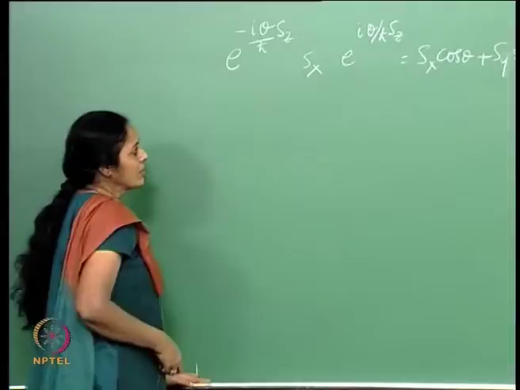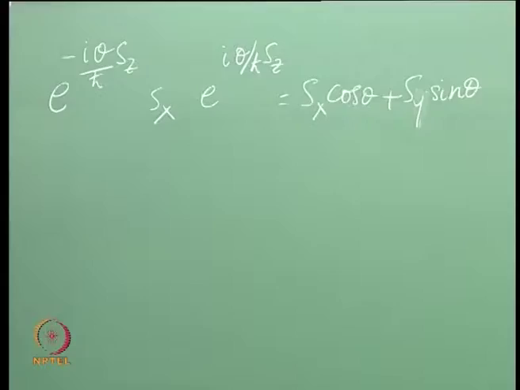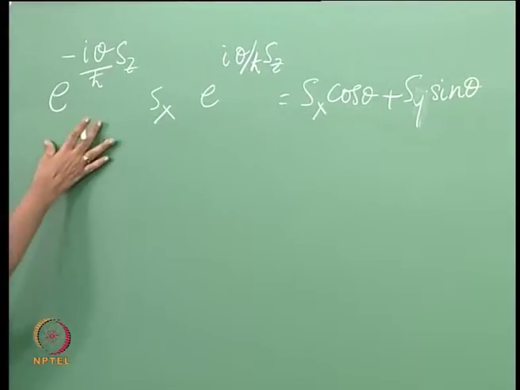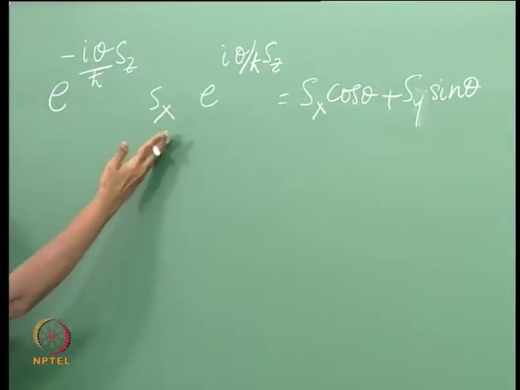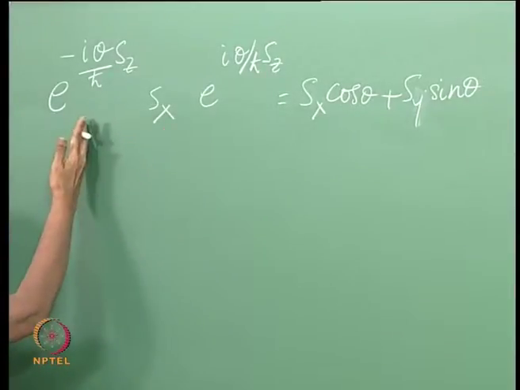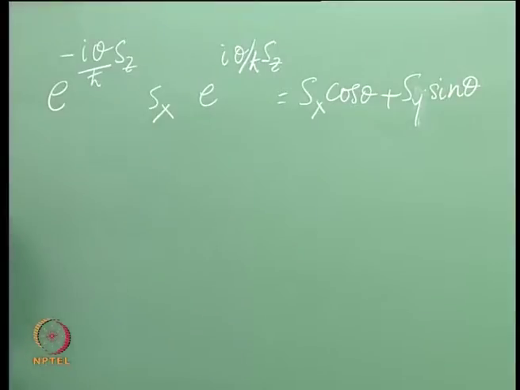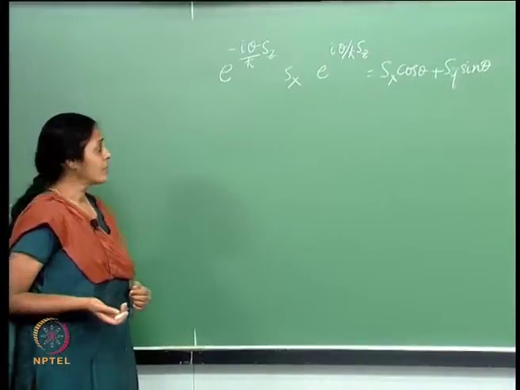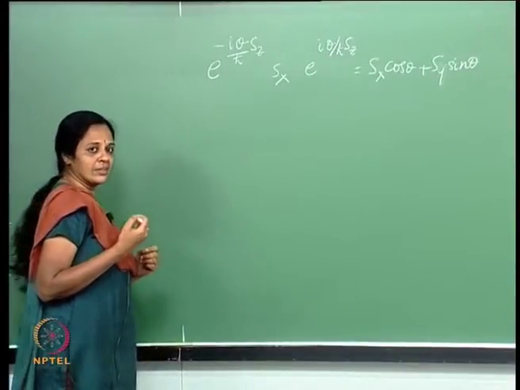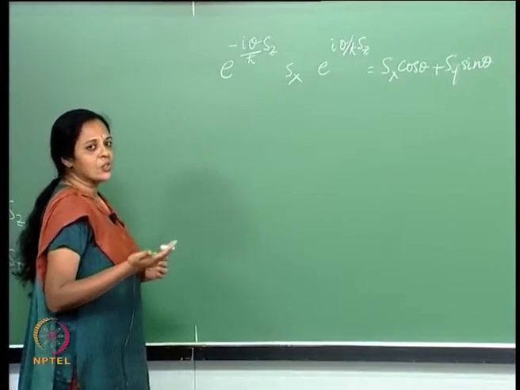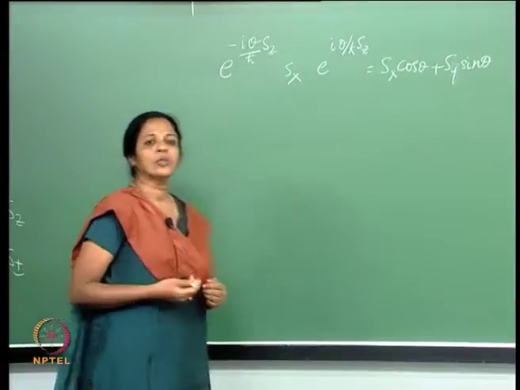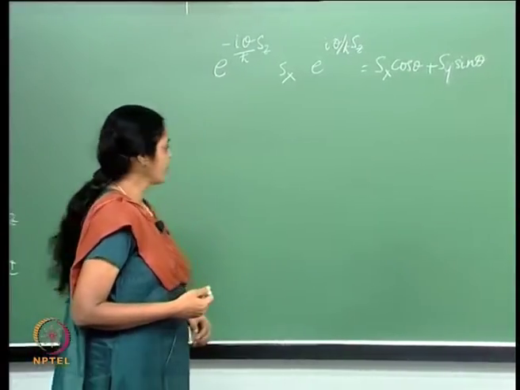I did this explicitly in one of my earlier lectures by expanding out the exponential and then multiplying Sx across that and showing that indeed you get this as the answer, so that Sx transforms like the x coordinate, where x prime goes to x cos theta plus y sin theta under rotation by an angle theta, like that.